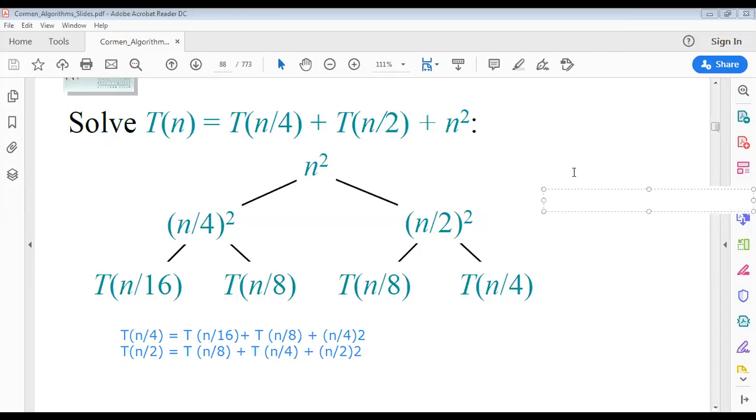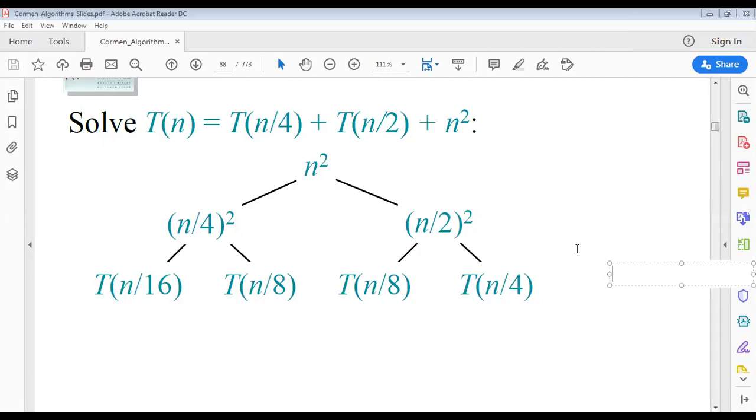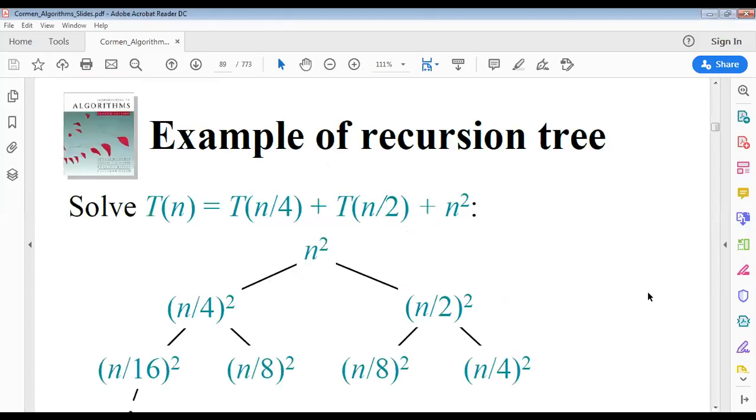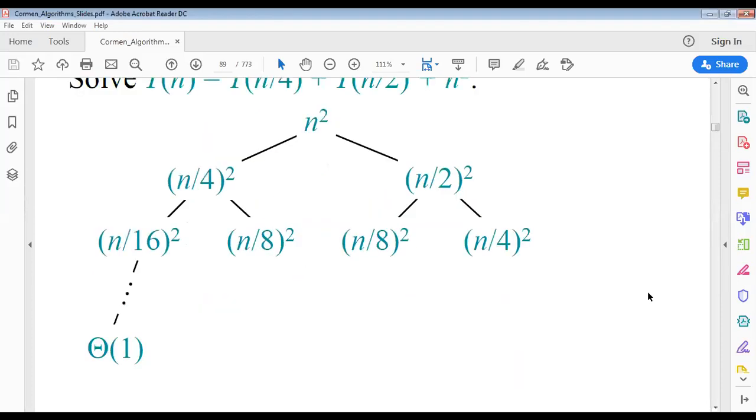Next, the process will continue. We will put n square, then n by 4, then again n by 4 in each step, and we will continue till the leaf node where we have theta 1.